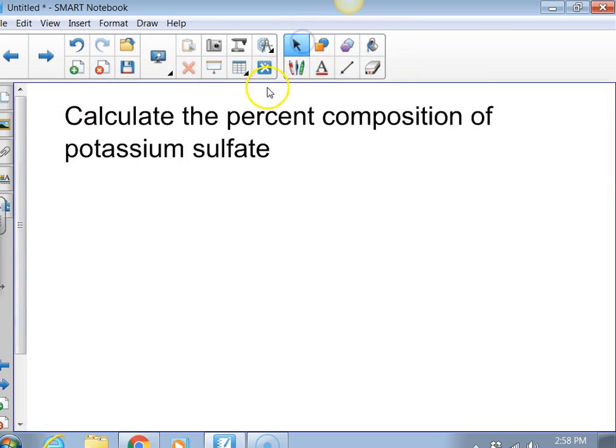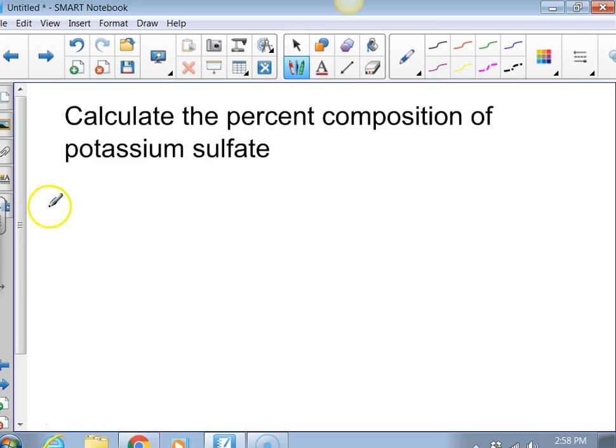And then our final compound for part one: we want to know the percent composition of potassium sulfate, K2SO4. So we have 2 moles K, 1 mole sulfur, 4 moles oxygen.